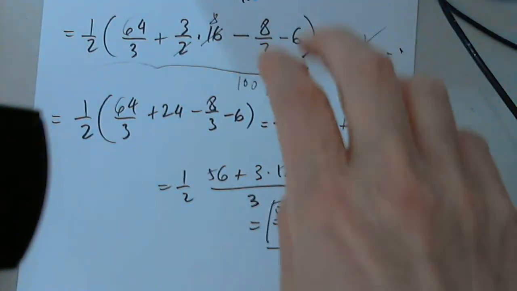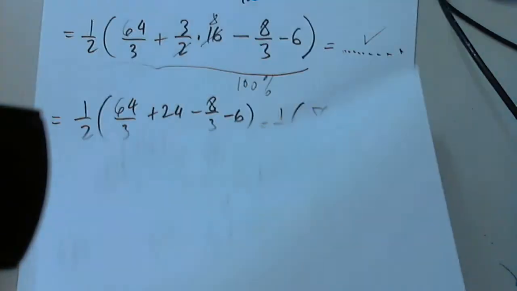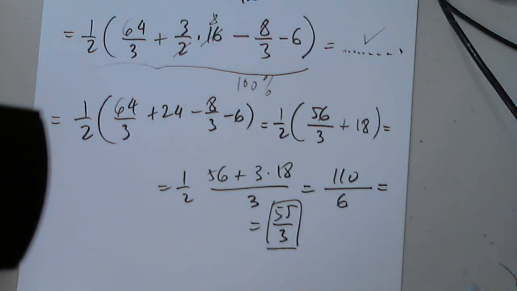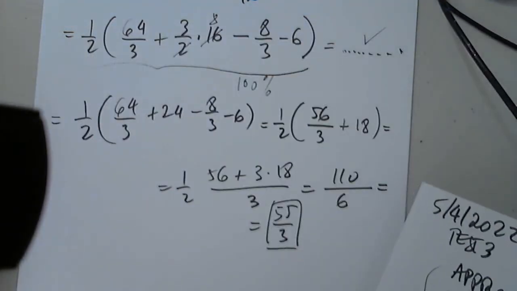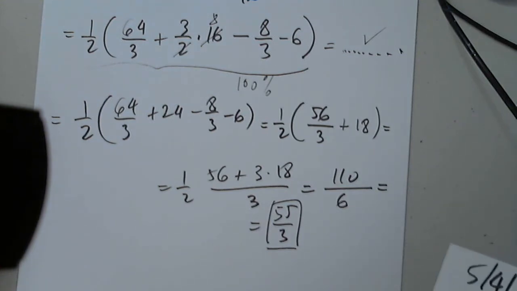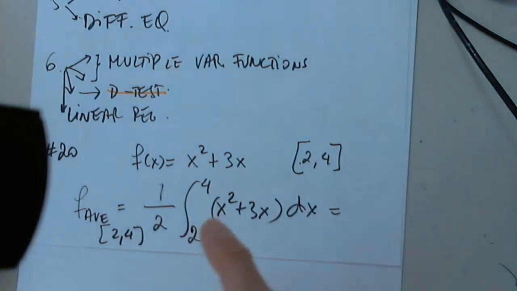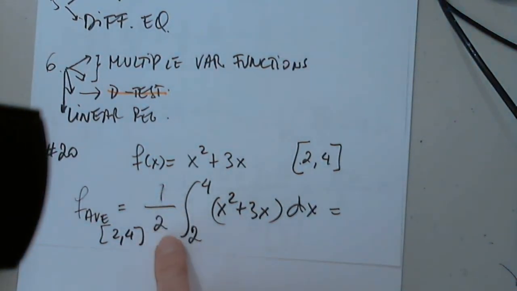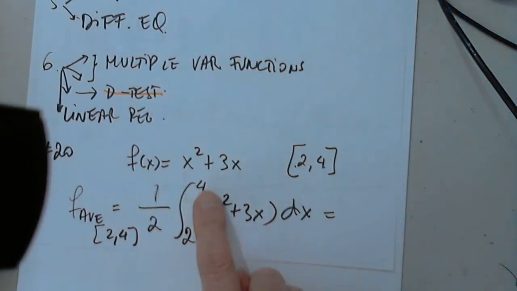These calculations can be cumbersome, and I know you can add. If you don't know how to add fractions at this point, you will do it with a calculator, so I'm not worried about that. Any questions on this? Where did the 1/2 come from? 1 over b minus a, the integral from a to b of f of x dx.